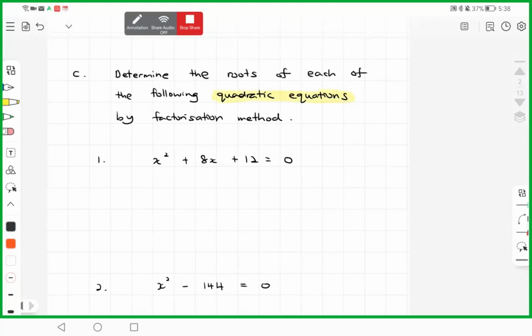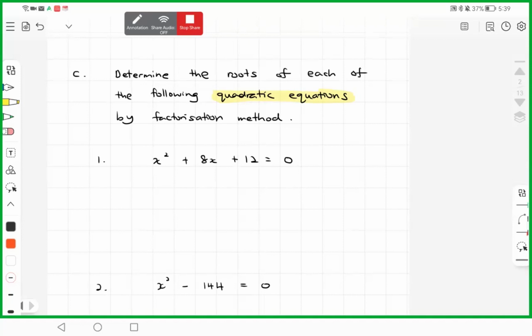So when we learn a new subject, chemistry, physics, each subject has its own language. You have the language of chemistry, the language of physics. So of course in mathematics, we also have the language of mathematics. So what is that?